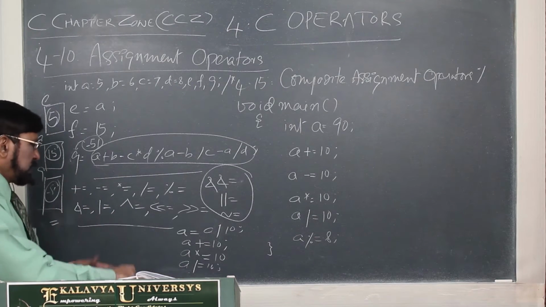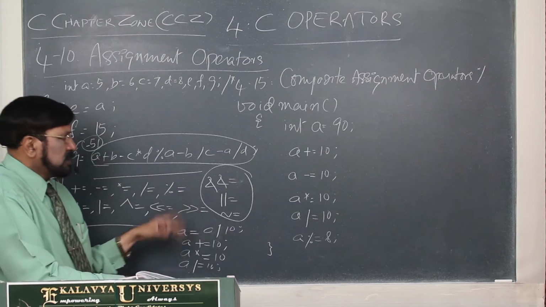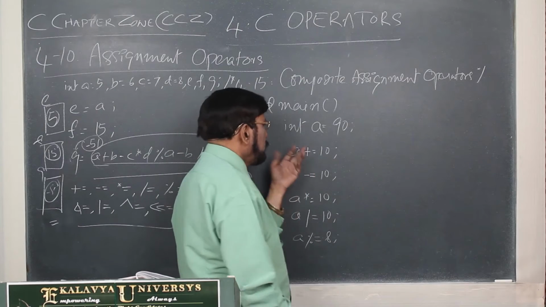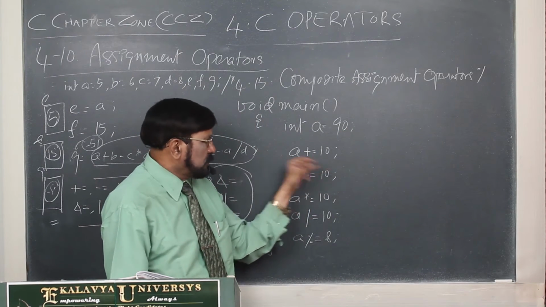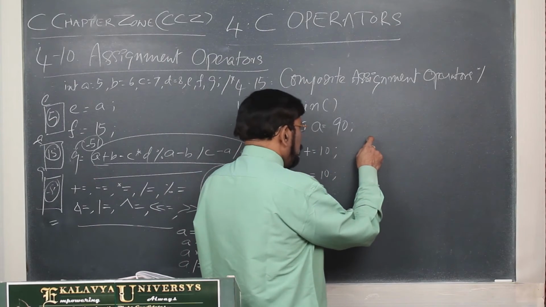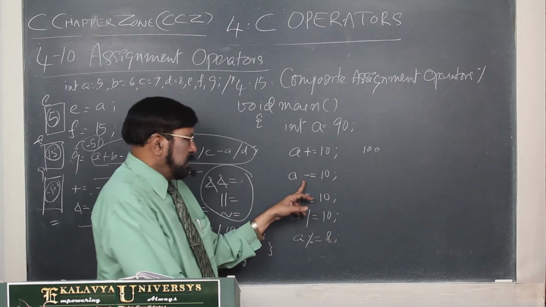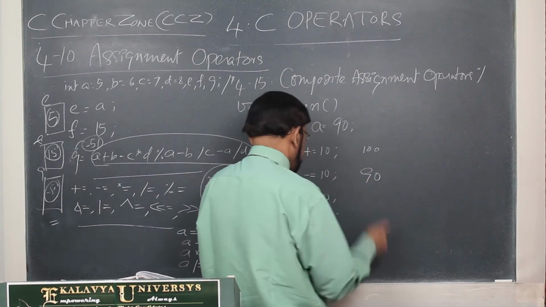So these 10 operators are there. One is the regular assignment operator, and these are the compound assignment operators. Here, in 4.15, I have given one program. a is equal to 10. Here a plus equal to 10, what does it become? a plus 10, that is 100. Now a minus equal to 10, 100 minus 10, this is 90.